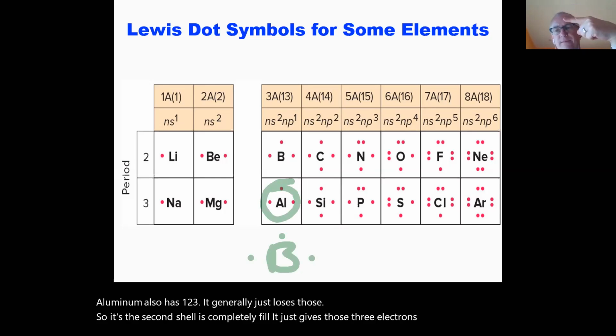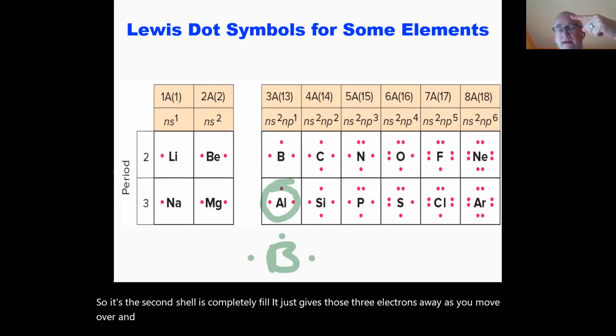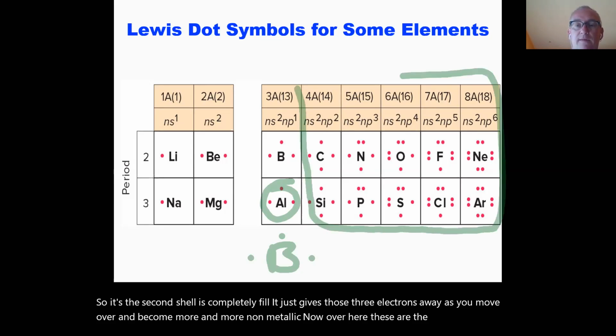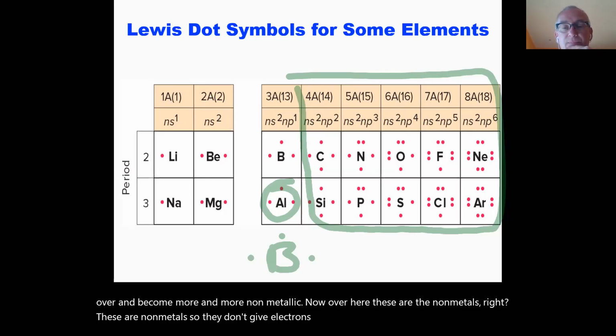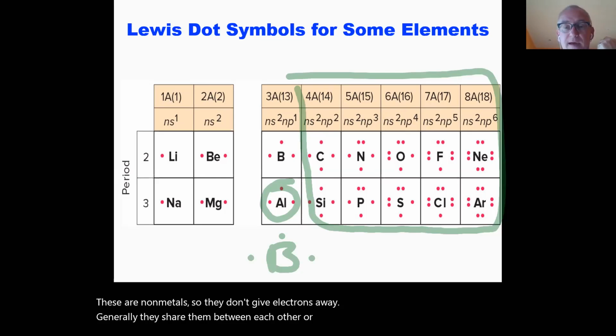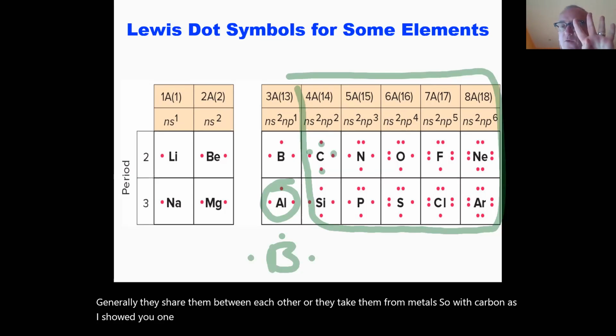As you move over and become more and more non-metallic, now over here, these would be nonmetals, right? These are nonmetals, so they don't give electrons away. Generally, they share them between each other, or they take them from metals. So with carbon, as I showed you, 1, 2, 3, 4, forms 4 bonds, doesn't have a lone pair.